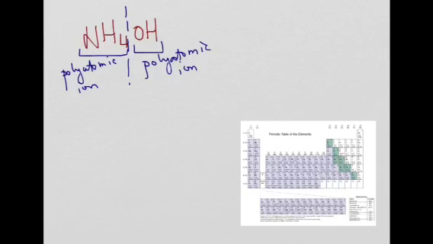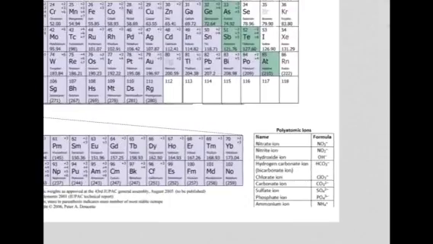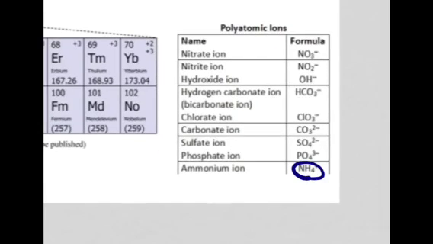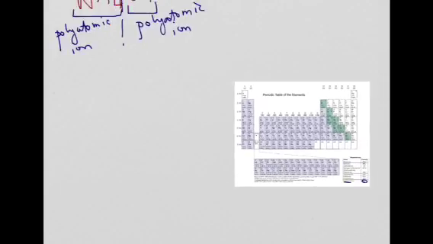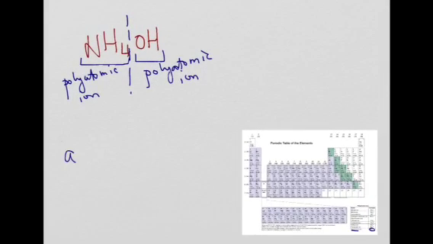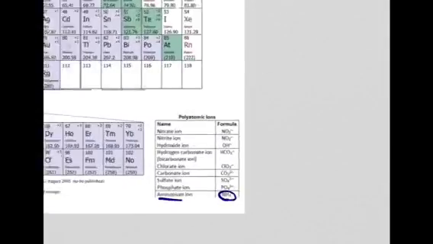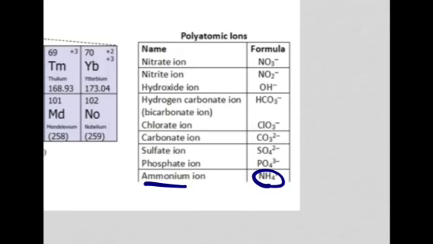So the only thing we have to do is name them. If we look at our chart, NH4 is right here. That's our ammonium, so we can write down ammonium for NH4. And then our OH here, oh, my chart got cut off, I think.